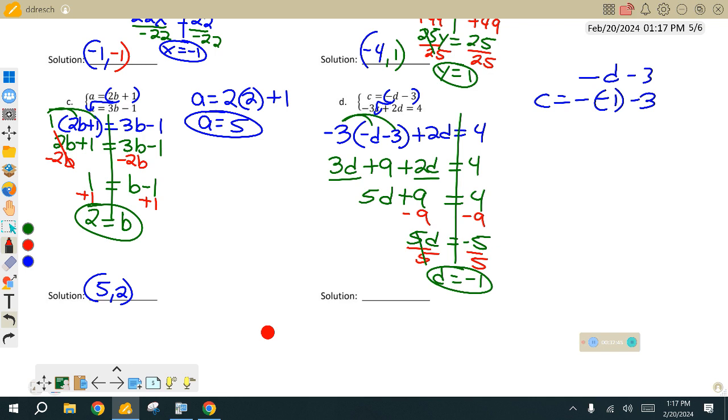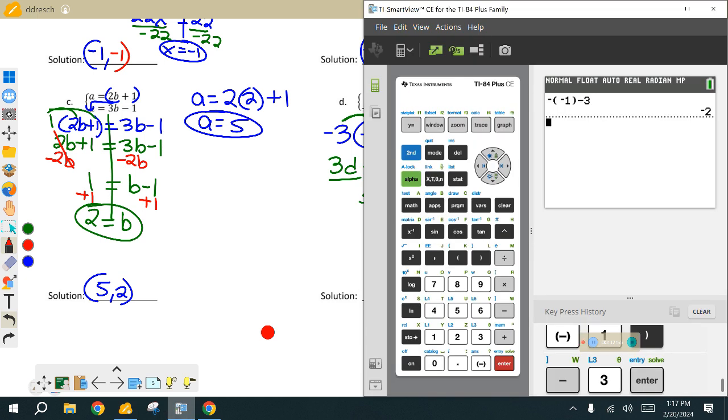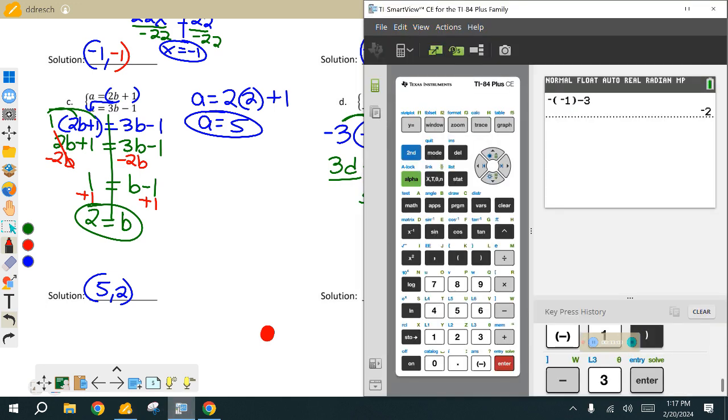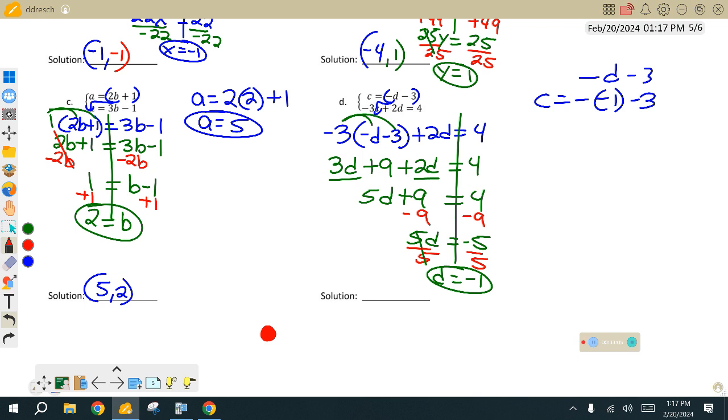There's 2 negatives there. So, -(-1) minus 3. When you plug that into your calculator, D is -1. It was -2. So C is negative 2? C is -2.